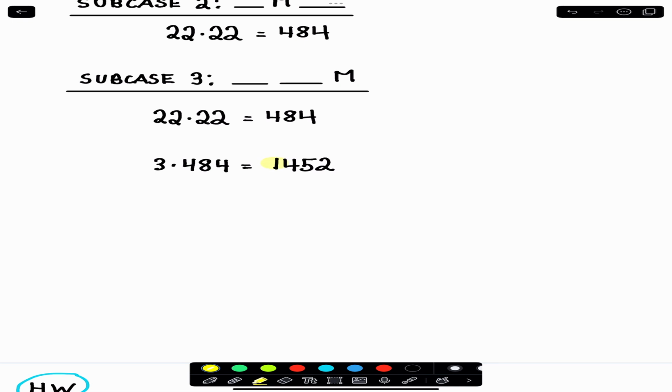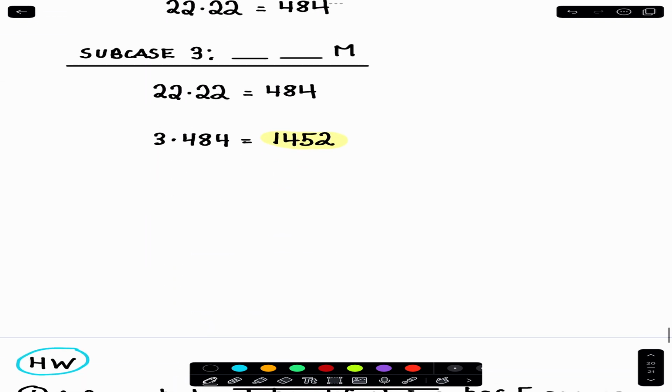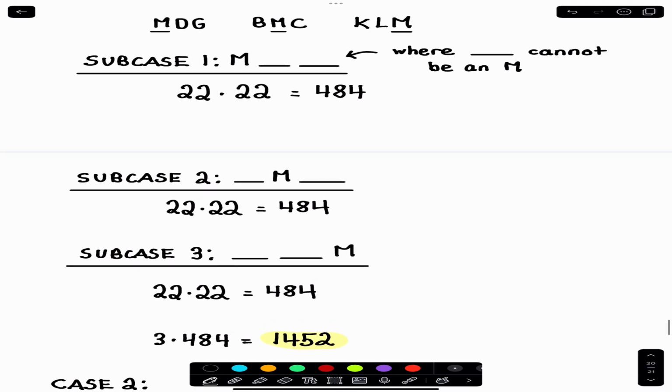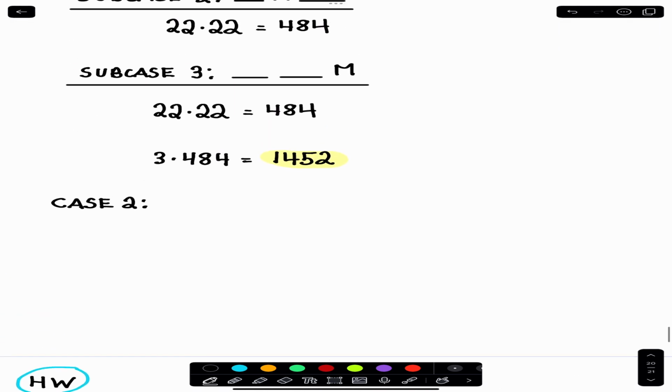So let's just highlight that. We're going to need that later, but this is not the final answer because we still have another case to cover. So a larger case, number 2, this time will be words which contain exactly 2 M's.